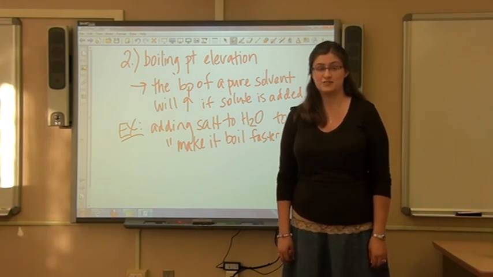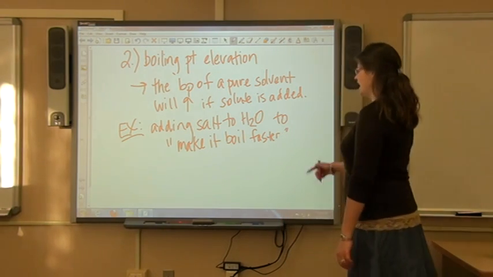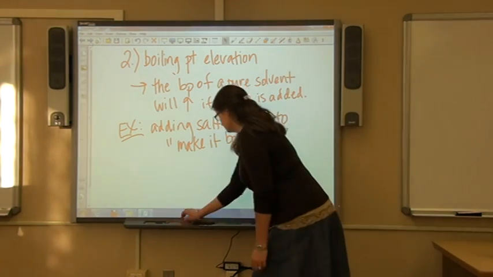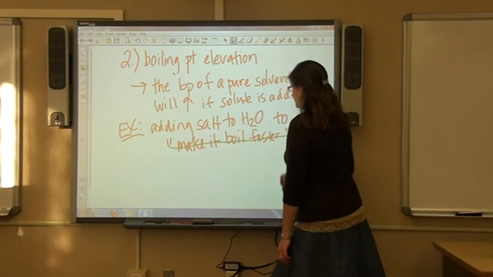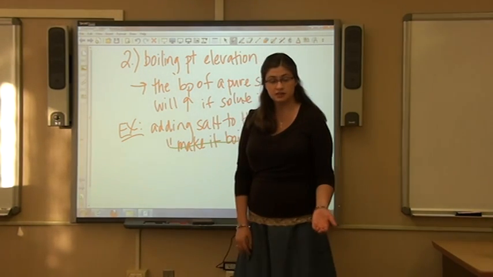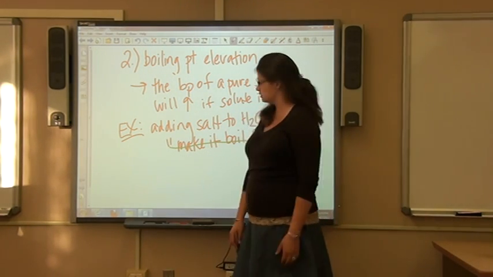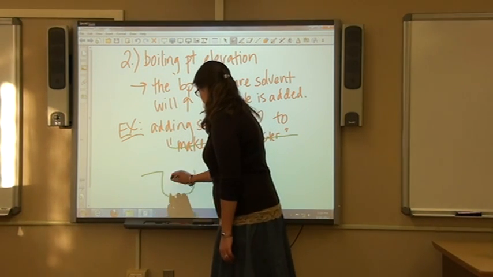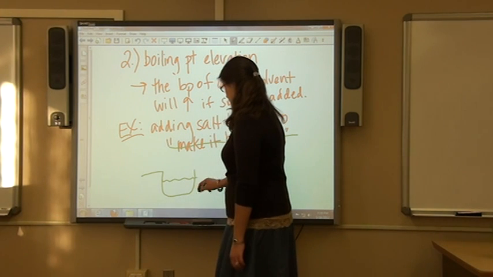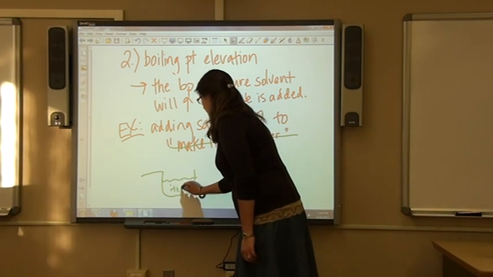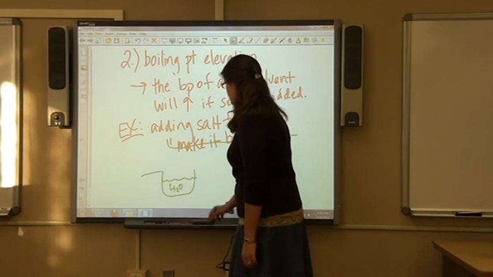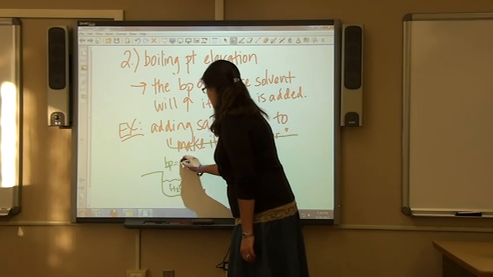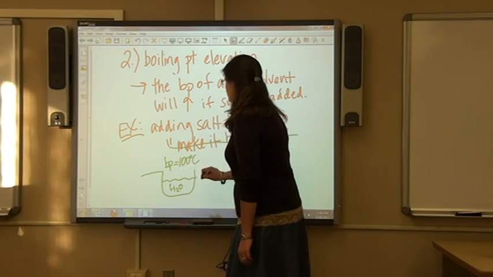That is not true. When you add the salt, you're actually increasing the boiling point of the water. Okay, so let's say you have one of those fancy cook kettles where you can see through it. Here you just have water. Water has a boiling point of 100 degrees Celsius.